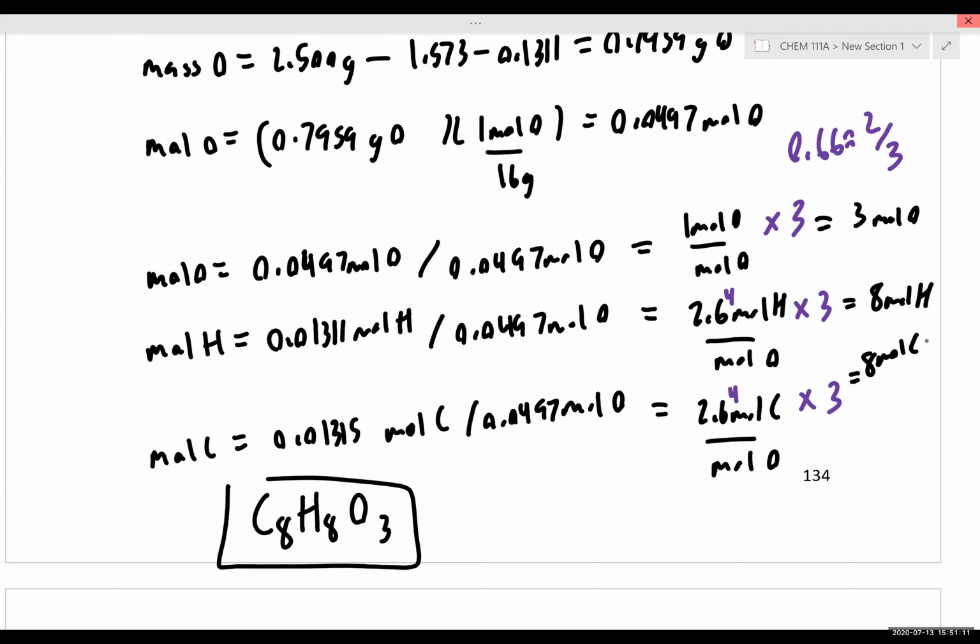And you want to make sure that you're multiplying all of your subscripts by the same whole number. Does that make sense? Does this look familiar to everyone from chapter 4 when we solved for the empirical formula?